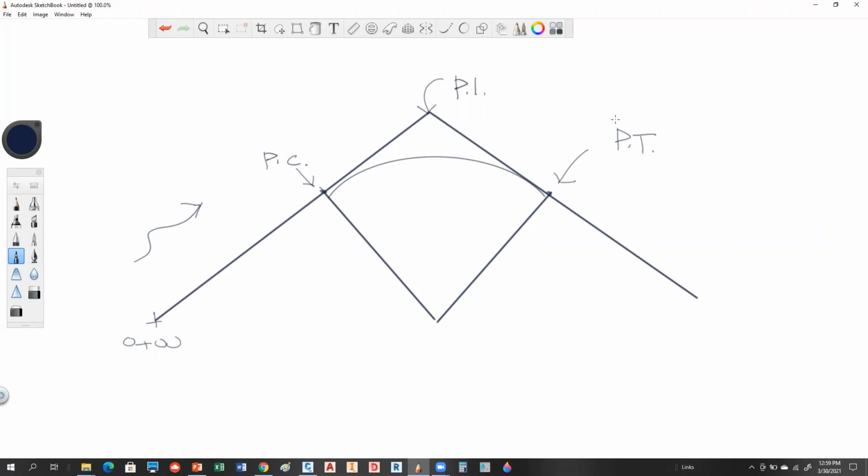Wouldn't they be equal? No, because if stations are running this way, you're going to hit the PC from a station standpoint before you hit the PT. Yes, so the PT would be higher, but the distance between them would be symmetrical. Correct, very good. That's because this curve is what's referred to as a tangent curve.